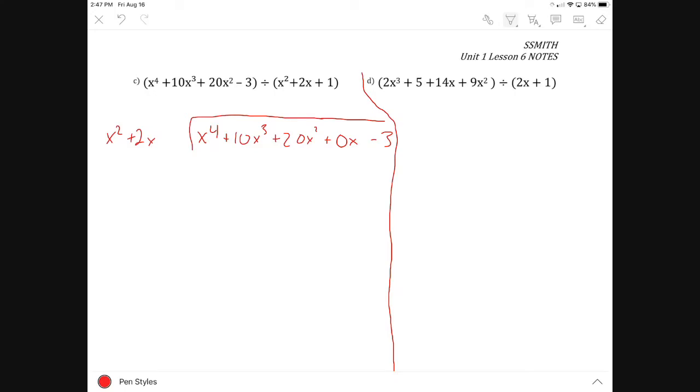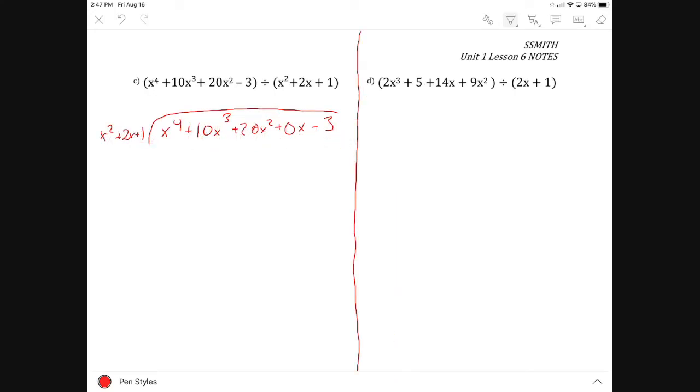So now we're going to figure out how to get to x to the fourth from our x squared. We're going to fill two spacers because we're not going to have an x to the fourth, nor are we going to have an x to the third. So we're trying to still get to that 4x. So it's going to be x squared times x squared to get us to that x to the fourth. So we're going to put our x squared right above our 20x squared.